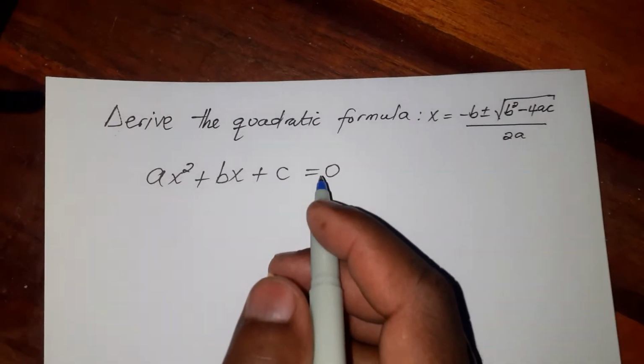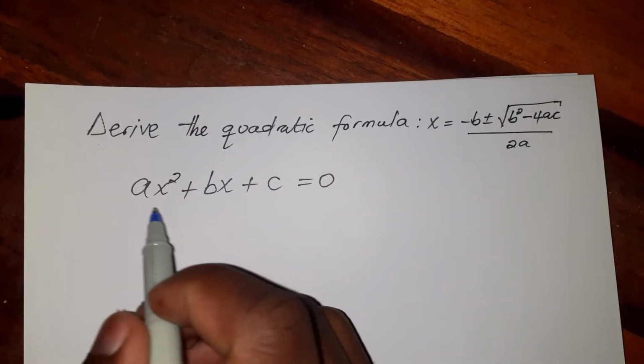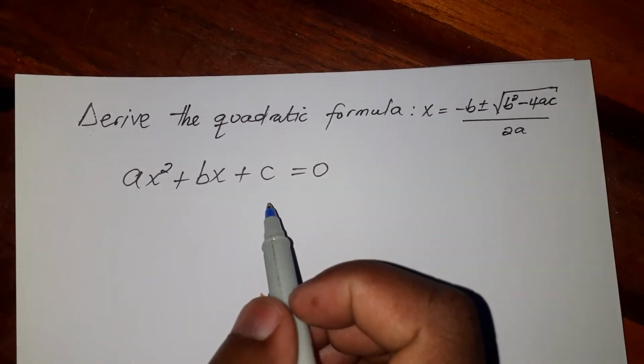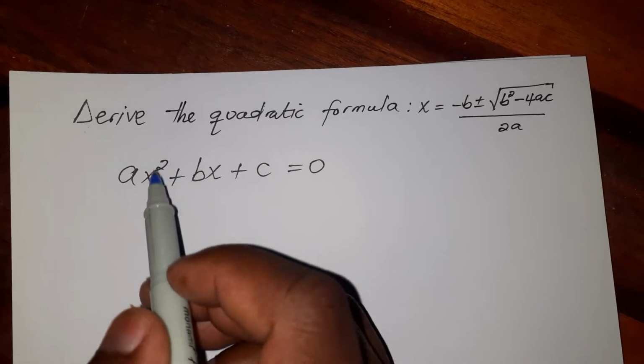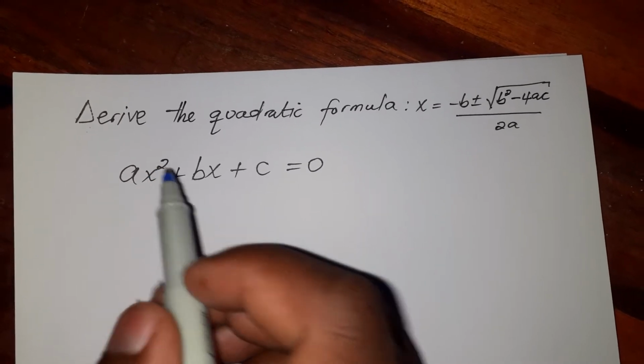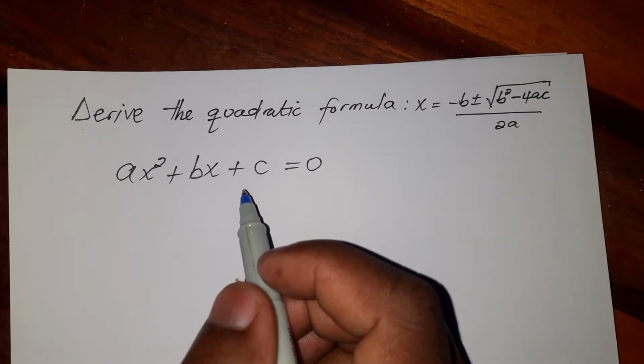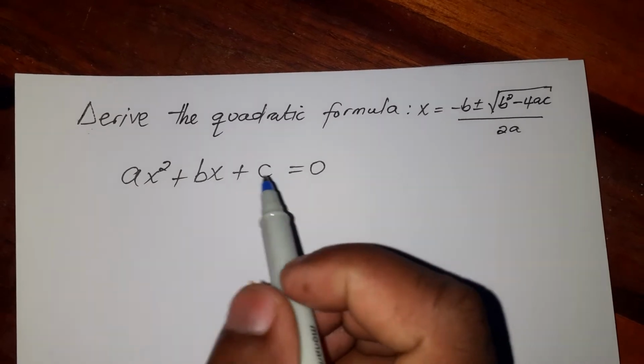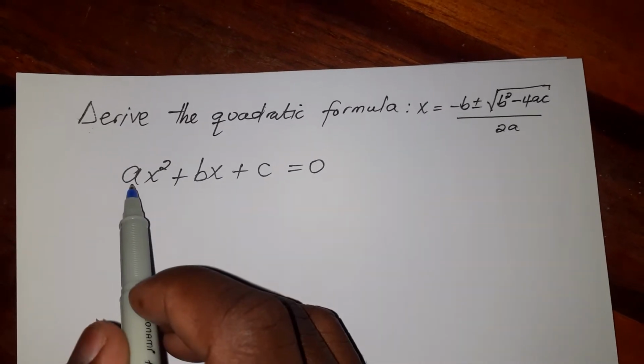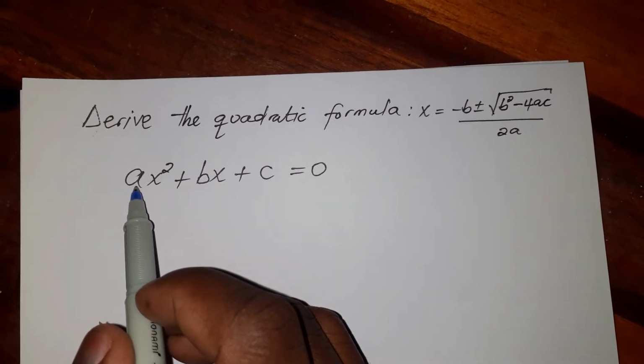Remembering how to complete the square, the very first step is to make sure that the coefficient of x squared is equal to 1. How do we do that? We do that by dividing throughout by a.